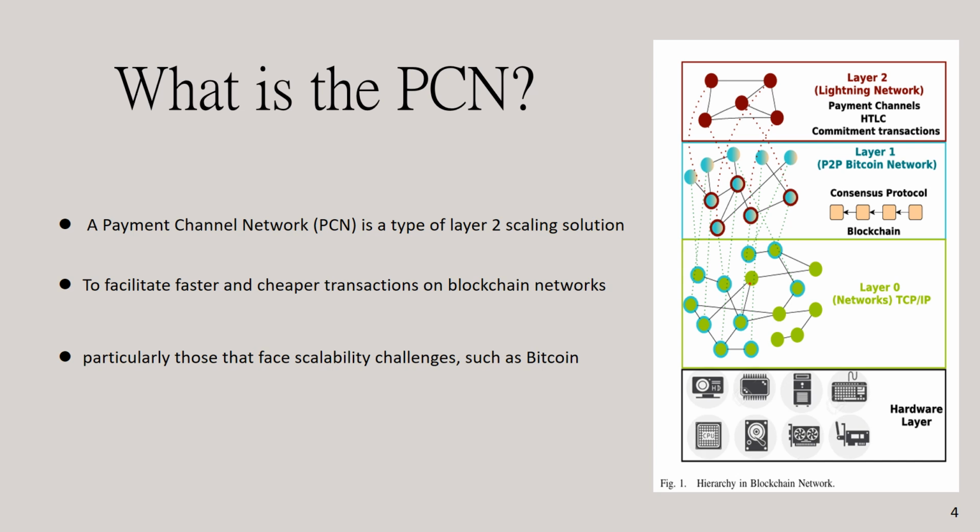Therefore, transaction information doesn't need to be recorded on the main blockchain each time, which improves network scalability and reduces transaction fees. Only when the transaction is completed is the information revealed on the main chain, reducing the load on the blockchain.